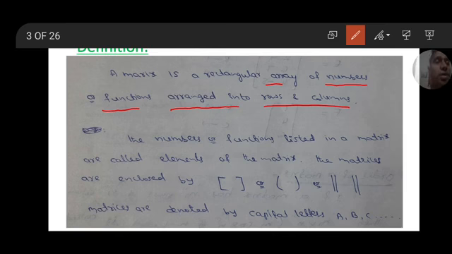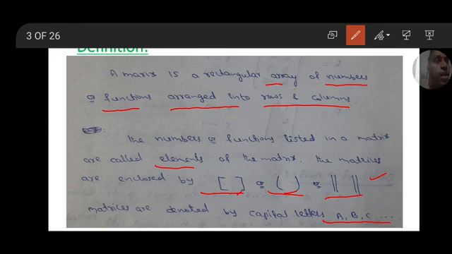The numbers or functions listed in the matrix are called elements. The numbers we write in rows and columns are called elements of a matrix. And the matrices are enclosed by a square bracket or parenthesis or double bar brackets. That means after writing the elements in rows and columns, we can enclose those elements by square brackets or parenthesis or double bar brackets, and matrices are denoted by capital letters A, B, C.